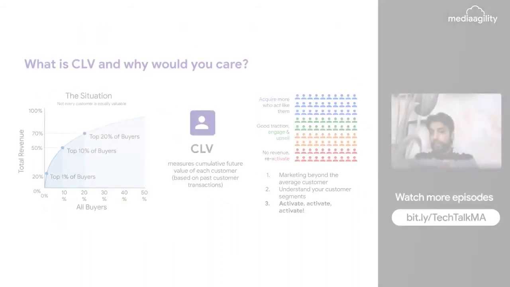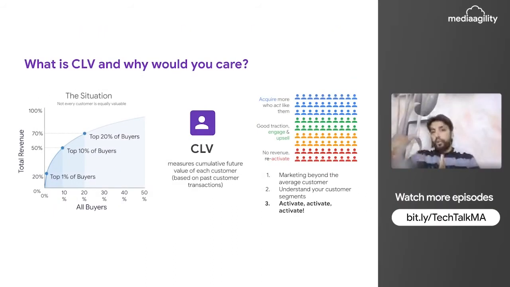And for the low value customers, instead of running expensive campaigns, we can run reactivation campaigns, so that the players are kept engaged and don't churn. So acquire, engage, and reactivate is the strategy that we want our customers to follow in order to maximize their return on ad spend.